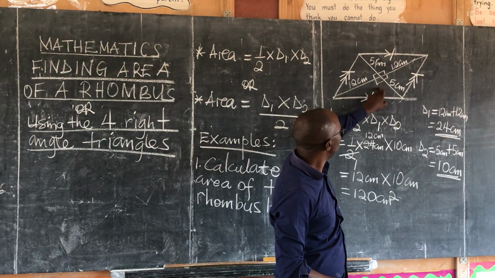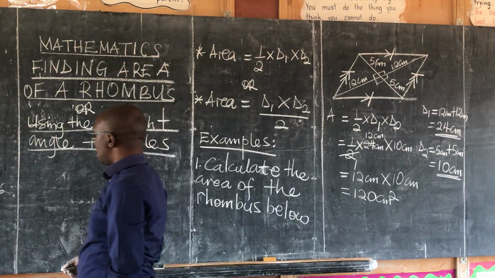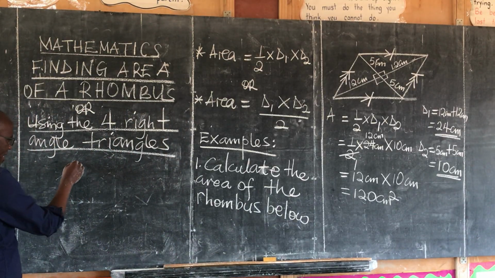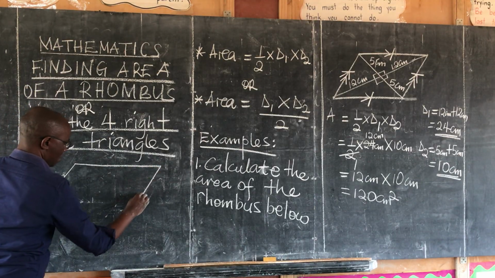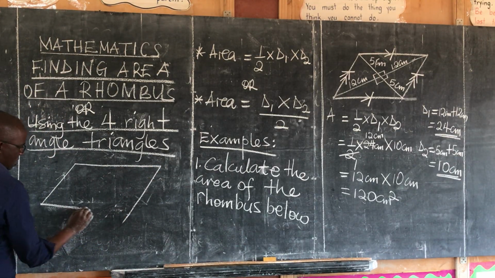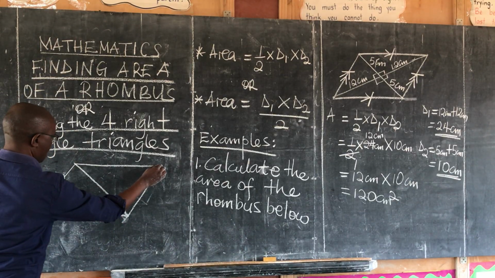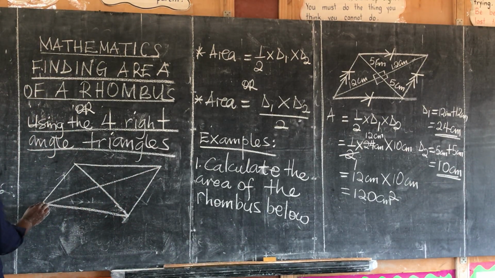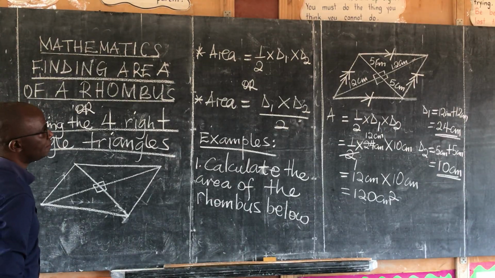1, 2, 3, 4. Now, let me draw the rhombus again. This is the rhombus.